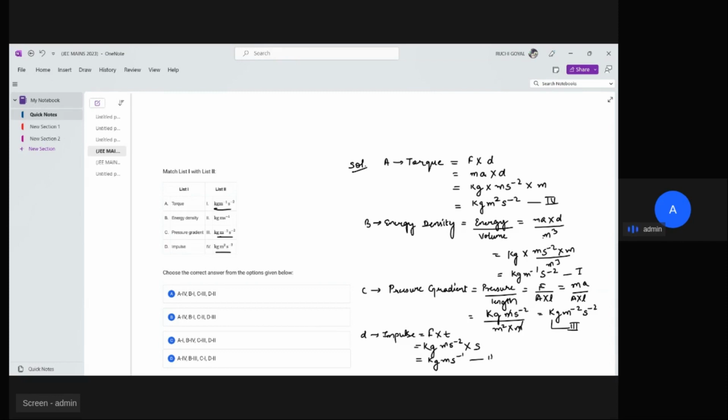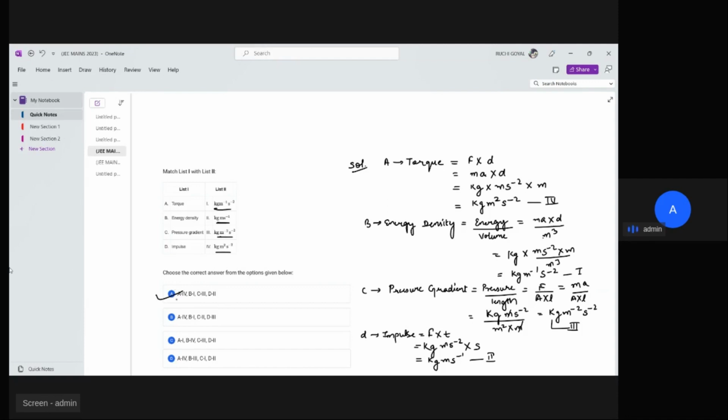So this is matching with the second option. Correct? So what will be the answer? A 4, B first, C third, and D second. So this is in option A. So option A is the right answer for this question.